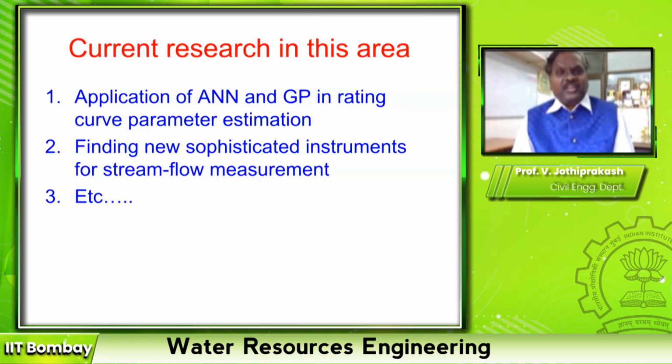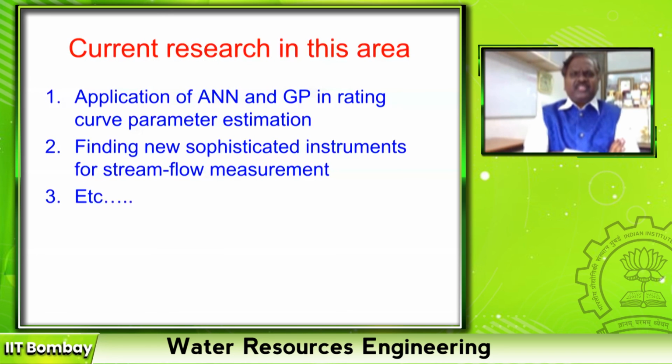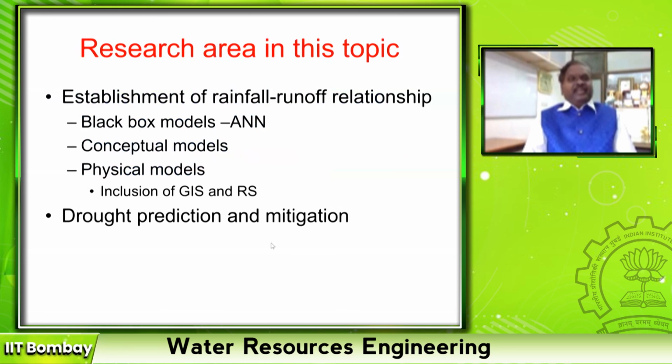Then application of soft computing techniques in rating curves, in extrapolating the stage discharge relationship or rating curve parameter estimation, and then modeling the rainfall runoff relationship using conceptual model, empirical model, semi-distributed model, lumped model, fully distributed model. These are all the current research going on in this area, and also predicting and mitigating drought. These are some of the research topics. So I am closing the class today here.